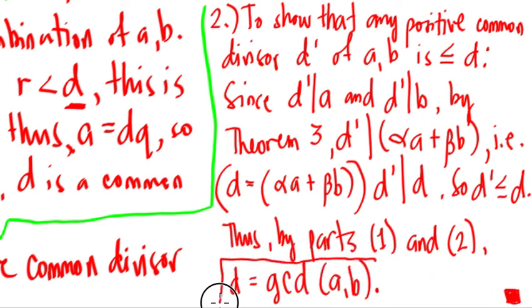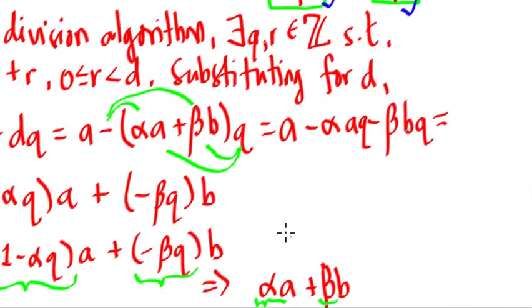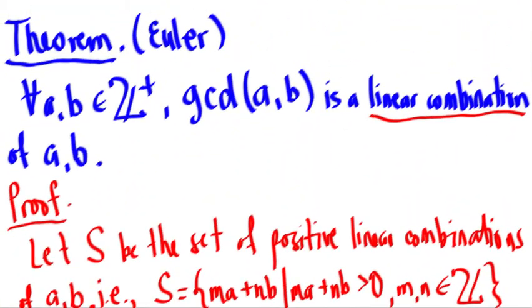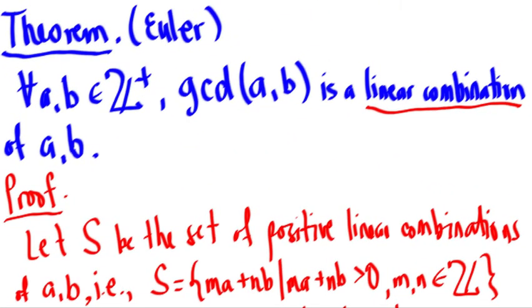By parts 1 and 2, D is the greatest common divisor of A and B. Therefore, we prove that the GCD of positive integers A and B is a linear combination of A and B. So the theorem holds. The theorem by Euler holds: for all A and B in the positive integers, the GCD of A and B is a linear combination of A and B.